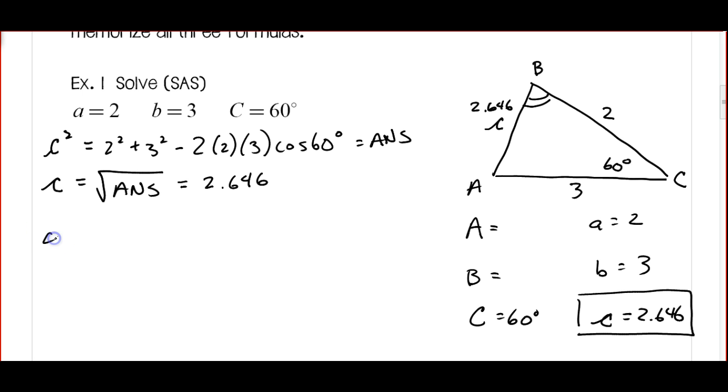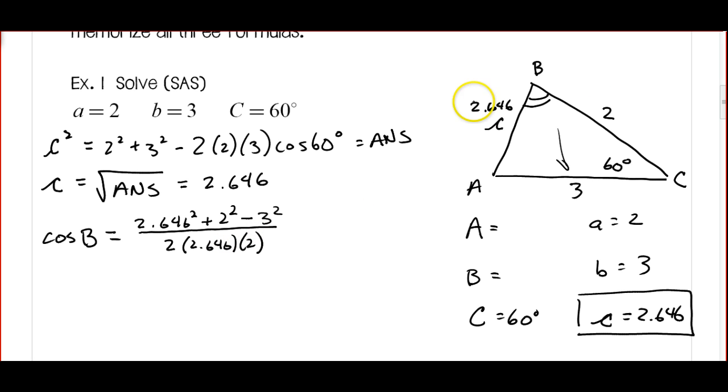So I know that the cosine of B, again notice the pattern, it's going to be the sides that B is included by squared. So it's going to be 2.646 squared plus 2 squared, and then we're going to subtract the side that it corresponds to, so minus 3 squared, divided by 2 times 2.646 times 2.